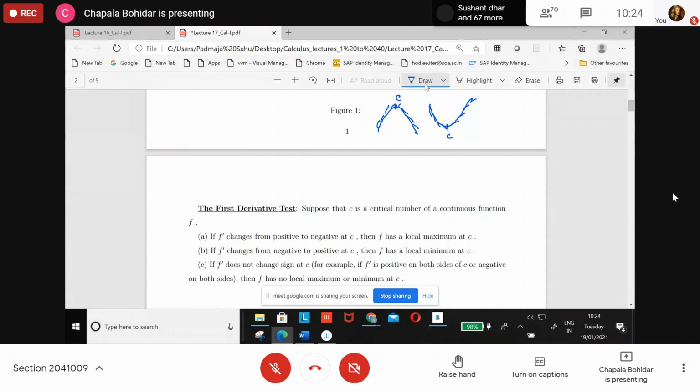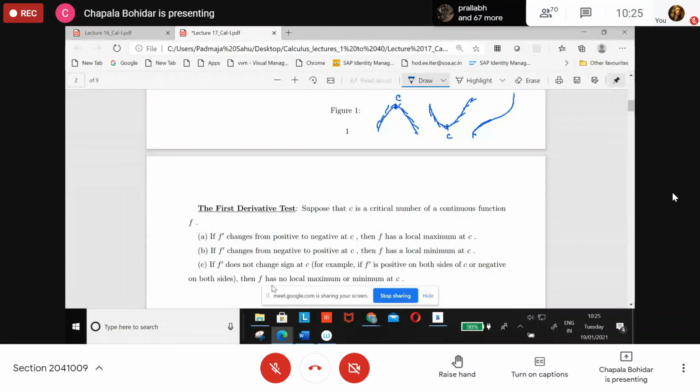If f dash does not change sign at c, for example, if f dash is positive on both sides of c or negative on both sides of c, then f has no local maximum or minimum at c.